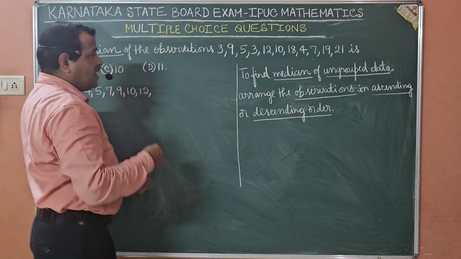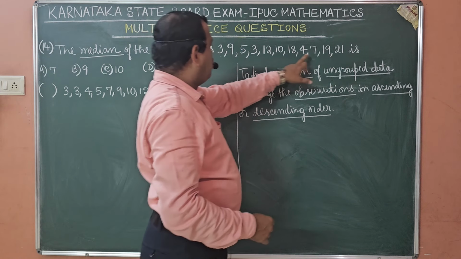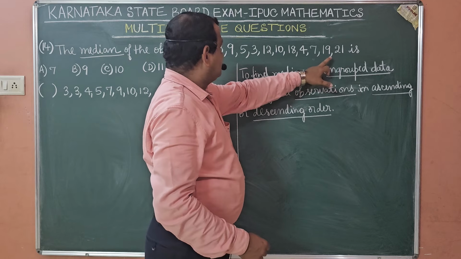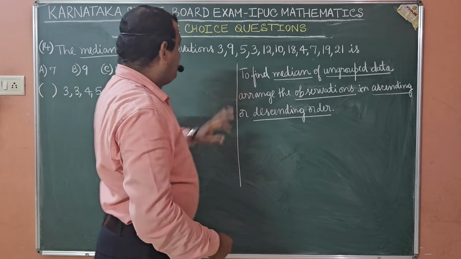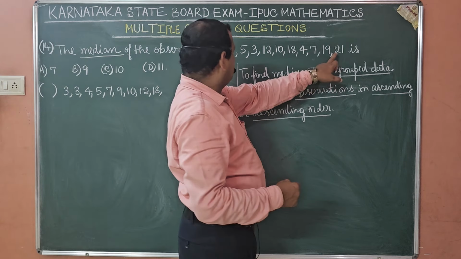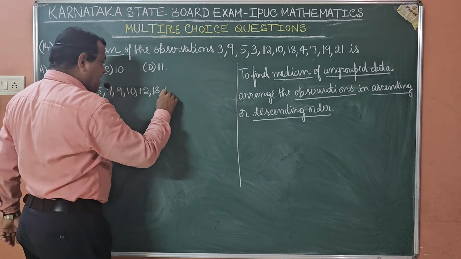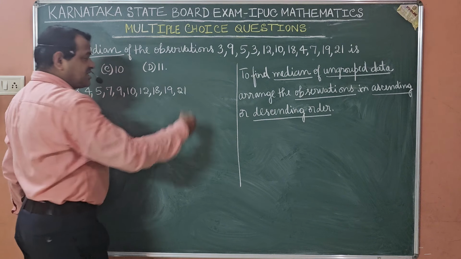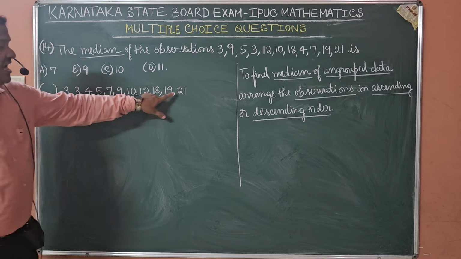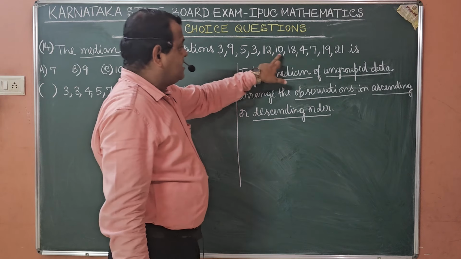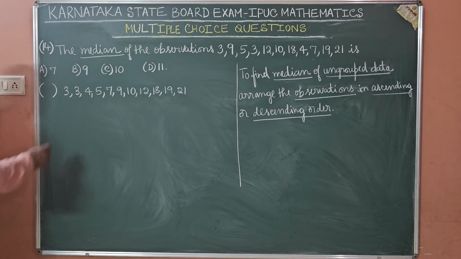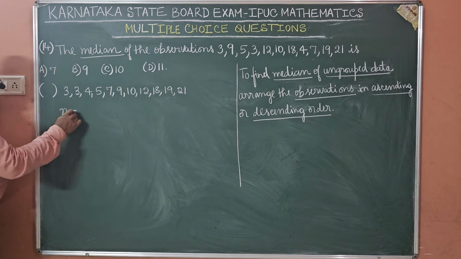There is no 13, 14, 15, 16 or 17, but there is 18. After 18, there is 19, and after 19, there is the last, 21. So we have 11 observations, and here also we had 11 observations. Therefore, my dear students, here n is 11.